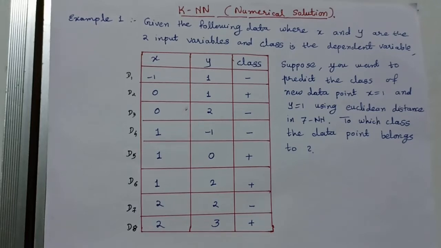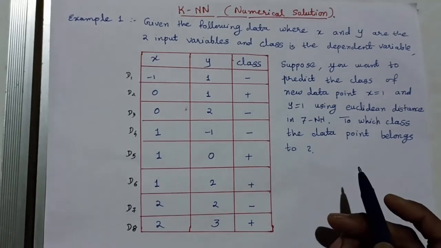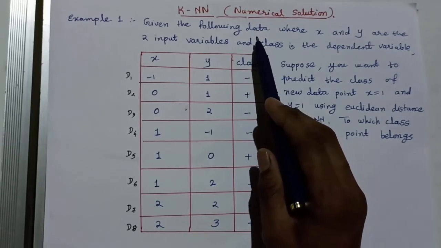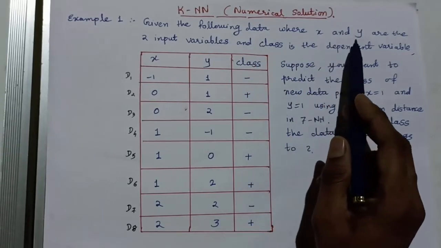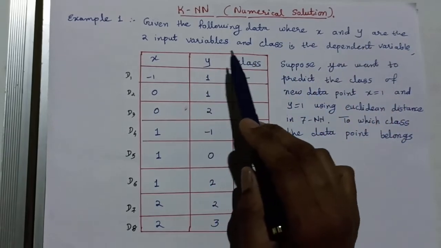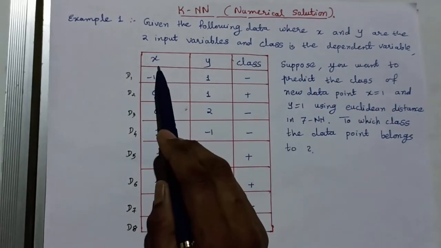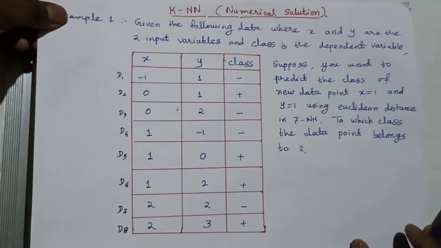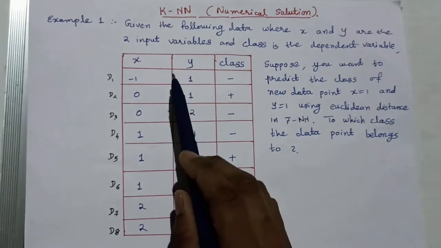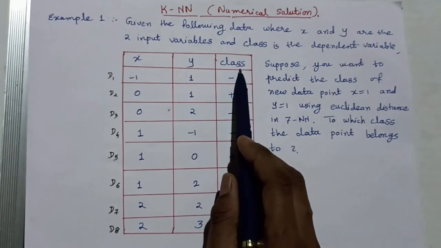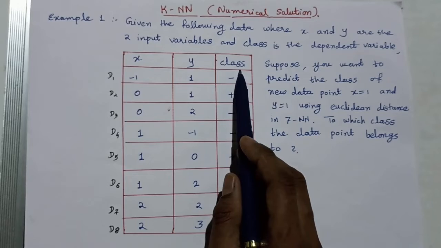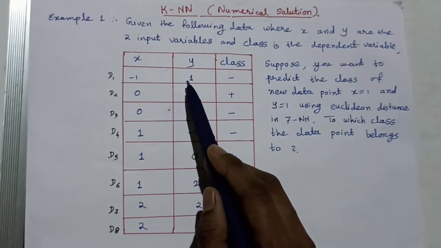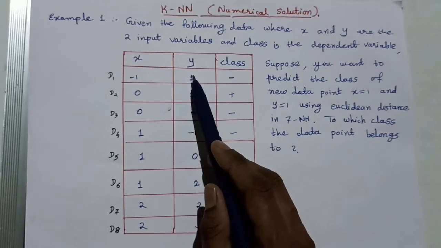So here we have considered one numerical, that is, given the following data where x and y are the two input variables. In this table we can observe that x and y are the two input variables, and the class is mentioned, that is, output labels are given for these inputs x and y.